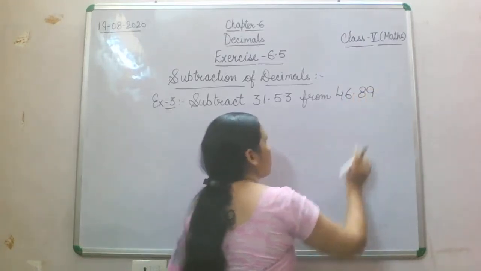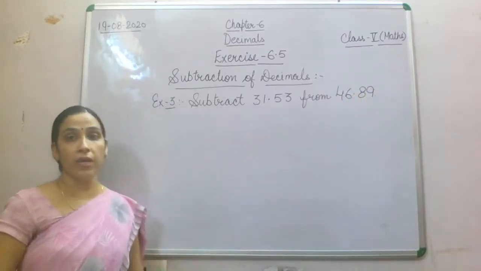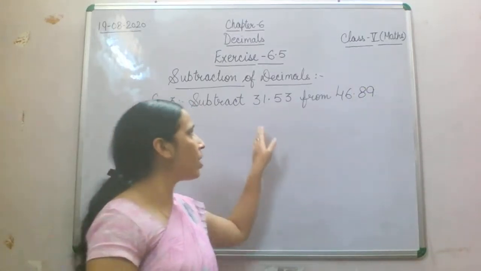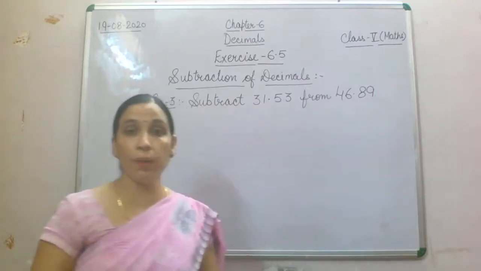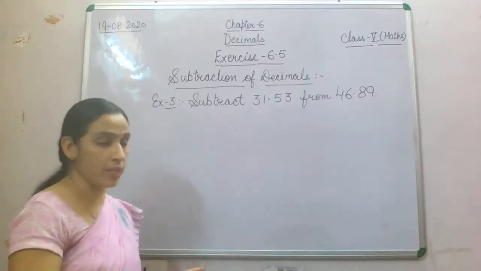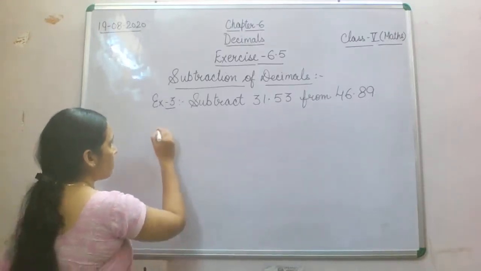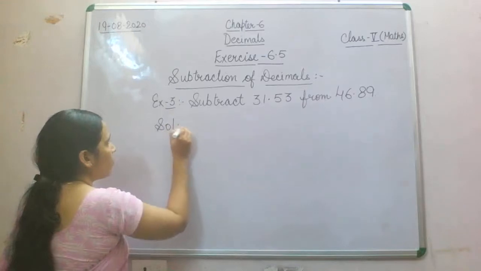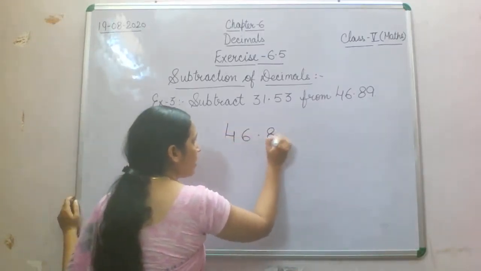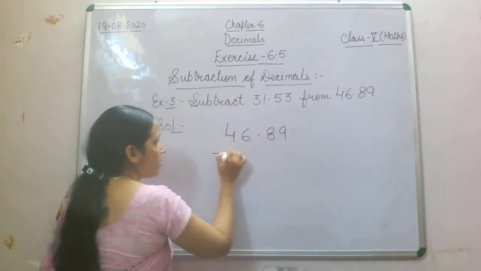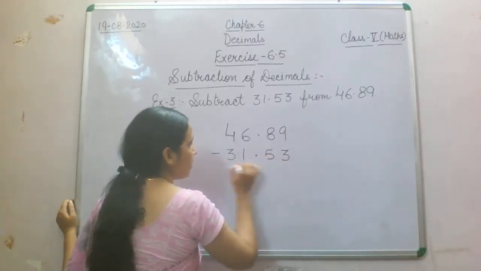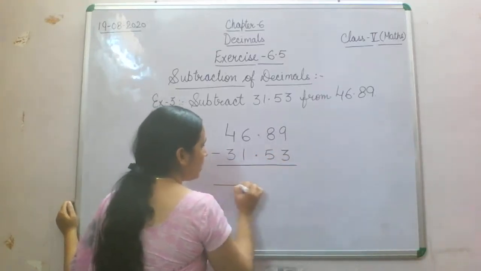As you all are aware, in subtraction we write the bigger number first. Now from 31 and 46, which number is bigger? Tell me first. 46. So what are we going to write first? We are going to write 46.89 first, then minus 31.53.